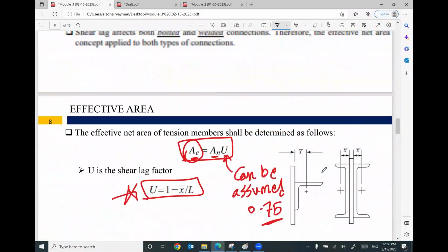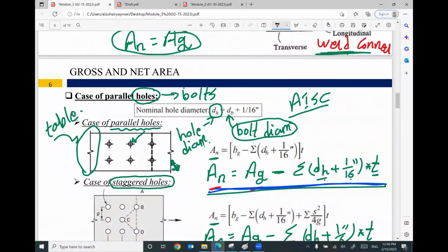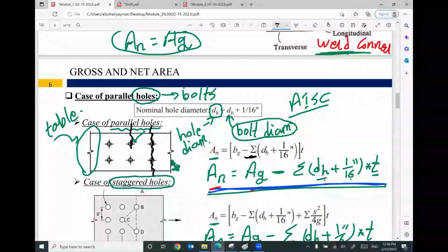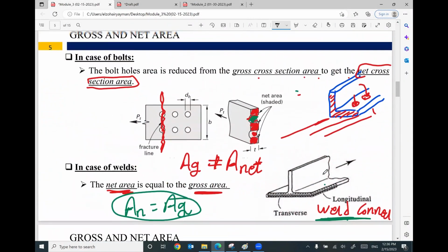If you go back here to this slide, summation means the number of bolts in this section, or this section, or this section. You need only one section. In this case, we have 2. Can you see here? This one will explain it more.